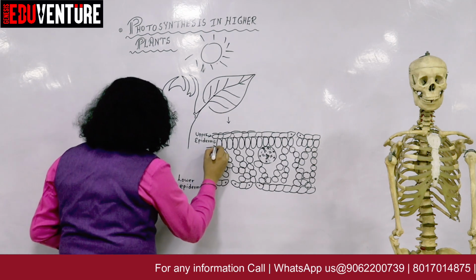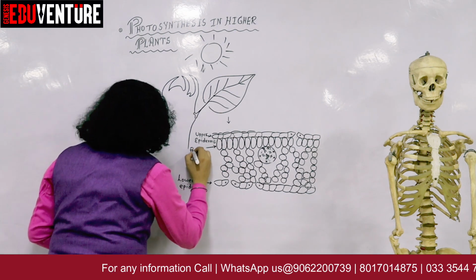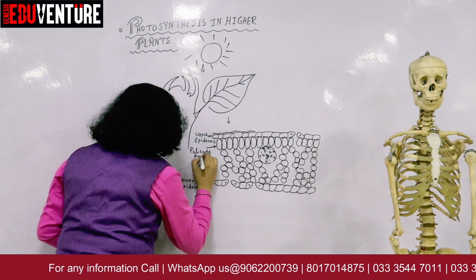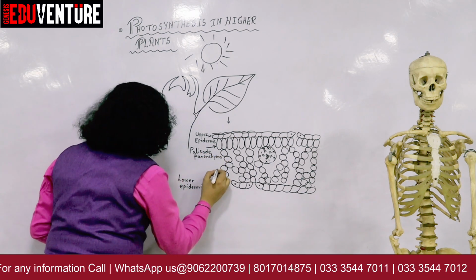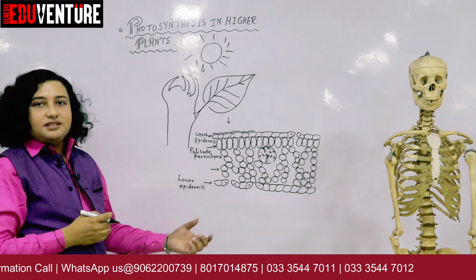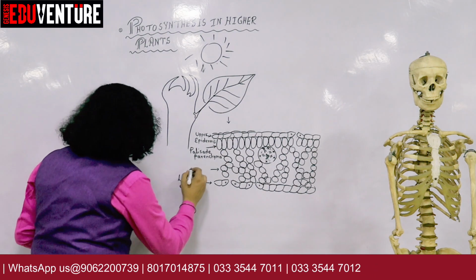And these elongated cells, which are tightly packed, they are regarded as palisade parenchyma. While the rounded parenchyma cells which are with profuse intercellular spaces are known as spongy parenchyma.